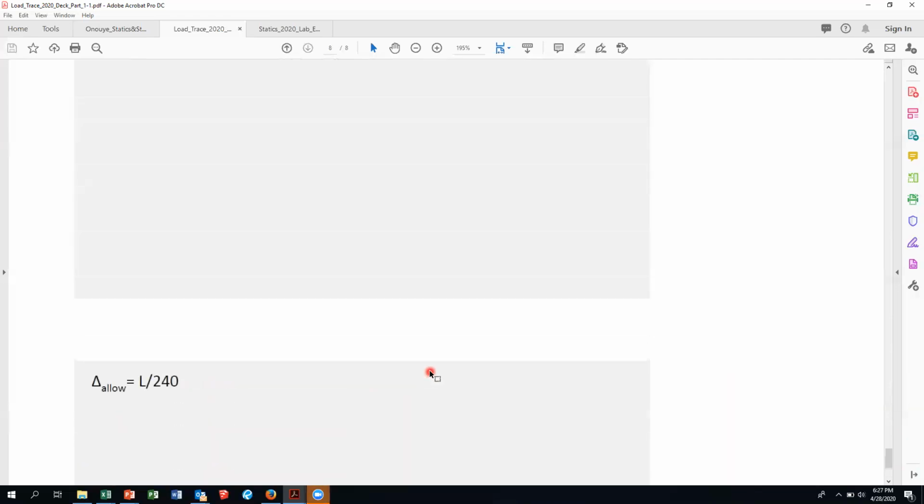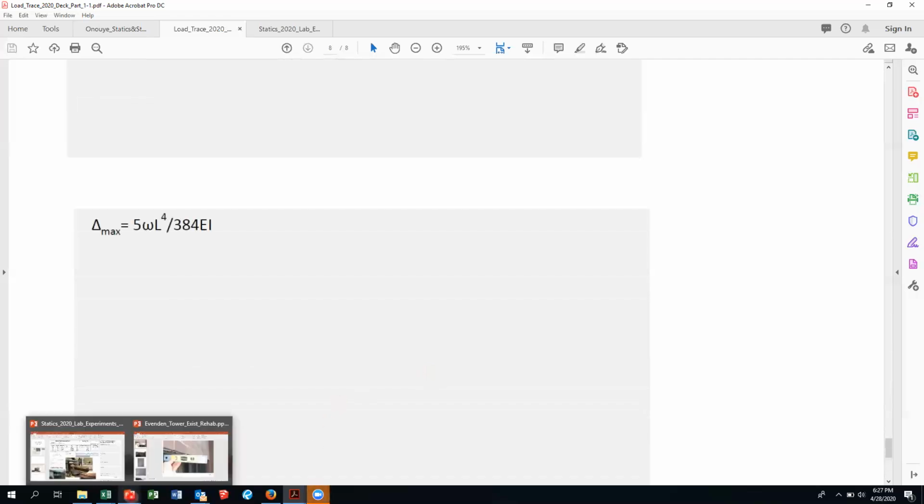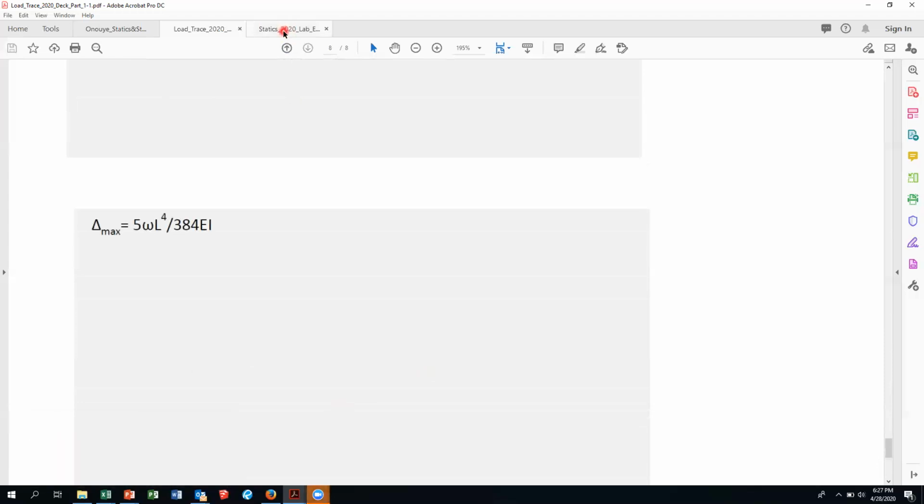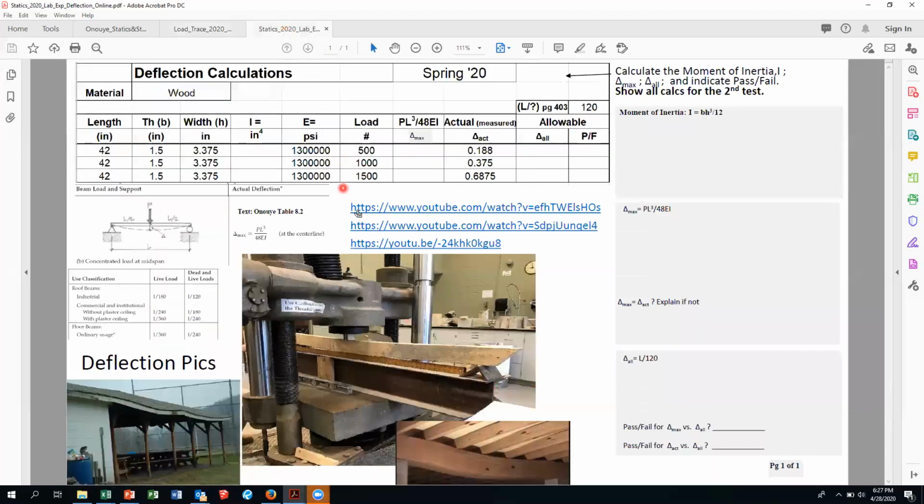Okay, so that's where we're at there. And one thing we're going to talk about on Friday is a deflection lab. So this is the rig that we set up in Lab 18.